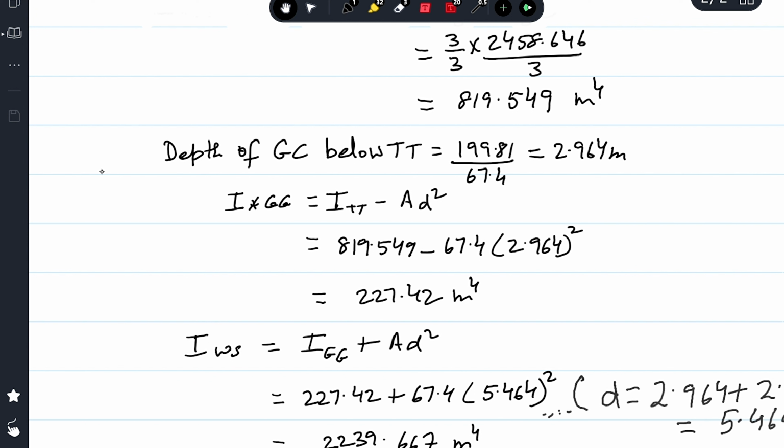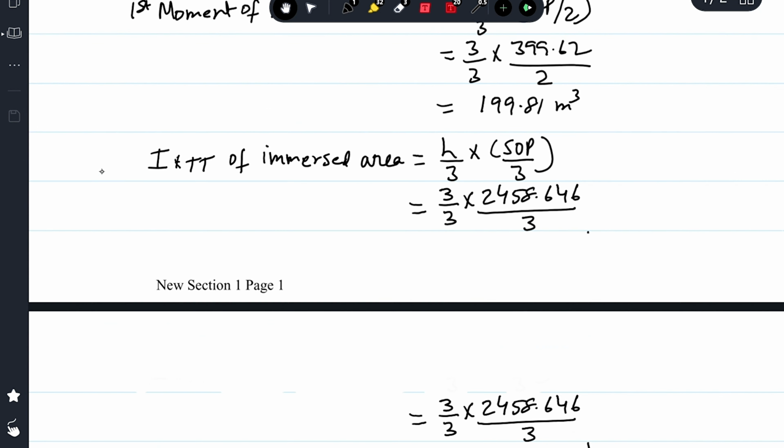D is the depth of the centroid below tank top, because the two axes in consideration here are, one is the axis passing through the centroid, and the second axis is at the tank top level. So the distance between the two axes is the depth of the centroid below tank top. The depth of the centroid below tank top has been found as 2.964 here.